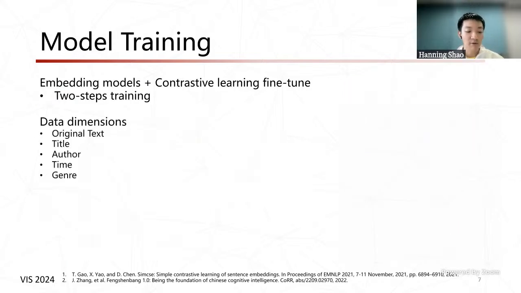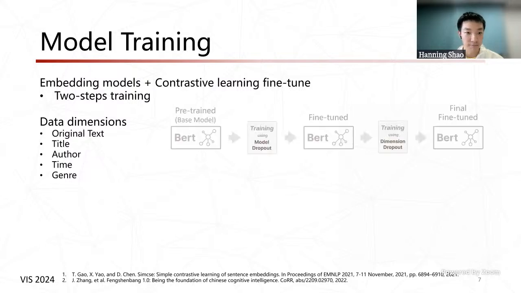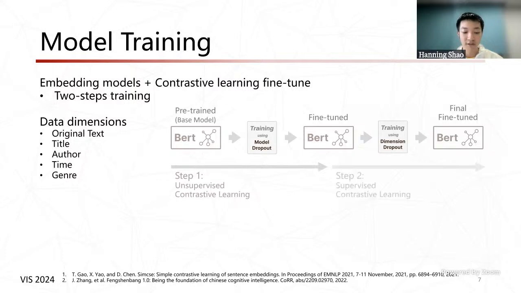Then the key problem is how to obtain such a good embedding model. Here we adopt a contrastive learning framework and conduct a two-step training. Based on a pre-trained BERT model, we first conduct unsupervised contrastive learning to let the model get familiar with catalog data, and then supervised contrastive learning for deeper understanding of the relevant entries.